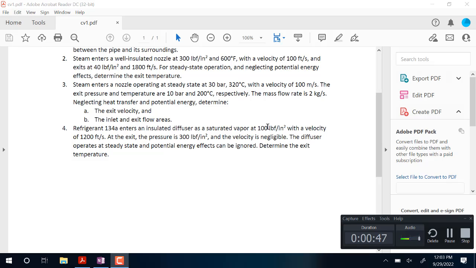So this one is a diffuser. The fluid is refrigerant 134A. We have tables for that. It gives pressures in crazy units. We'll convert those. And speed in crazy units.